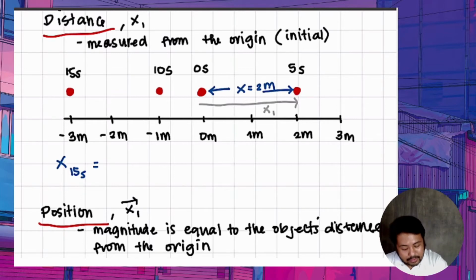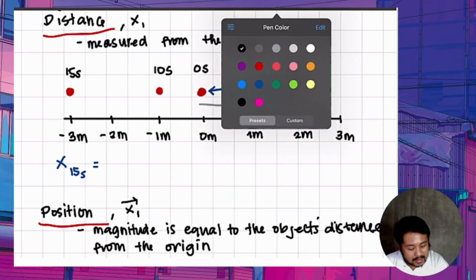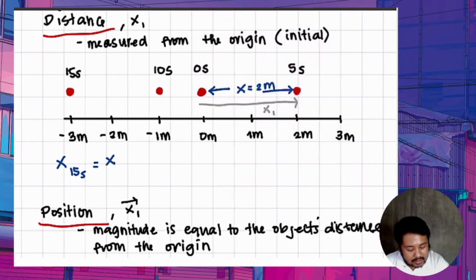So x total is now equal to x1 plus, from 5 seconds, it went back and went to -1. Let's have this, from 5 seconds going here, as x2.